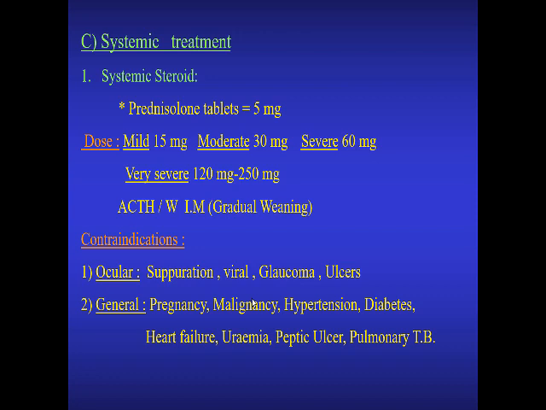But you should consider the contraindications for corticosteroid treatment. Ocular: suppression, viral infection, glaucoma, ulcers. General: pregnancy, malignancy, hypertension, diabetes, heart failure, uremia, peptic ulcer, and pulmonary TB, as it may lead to activation of TB.